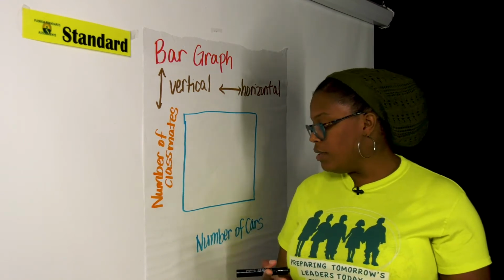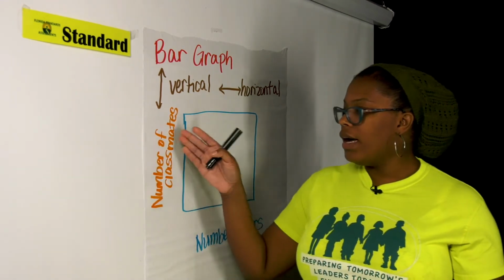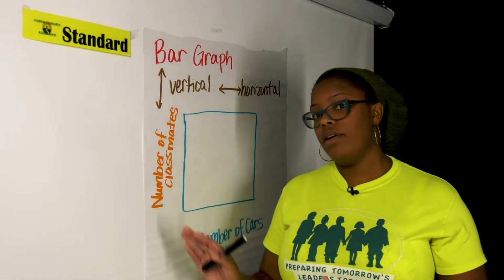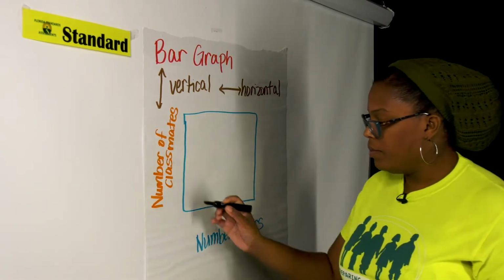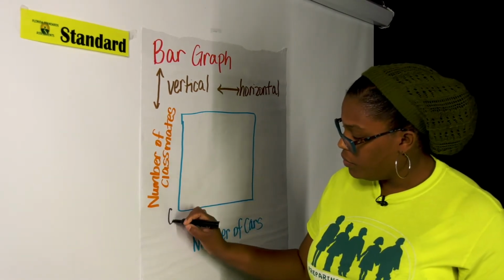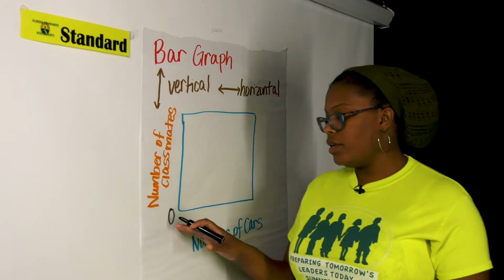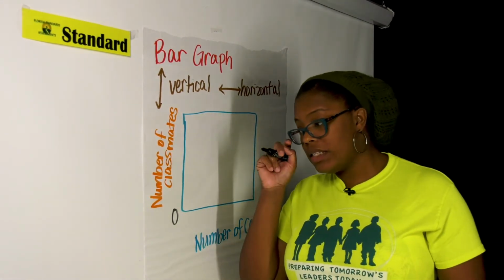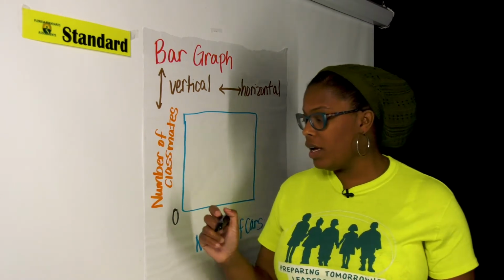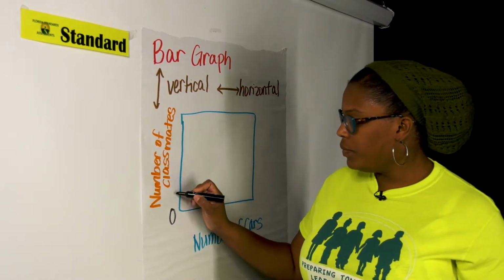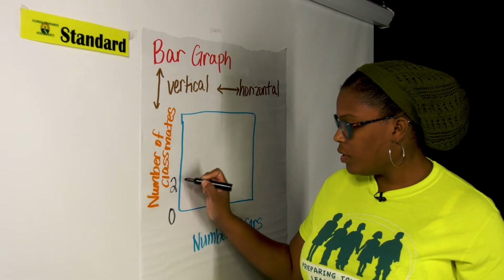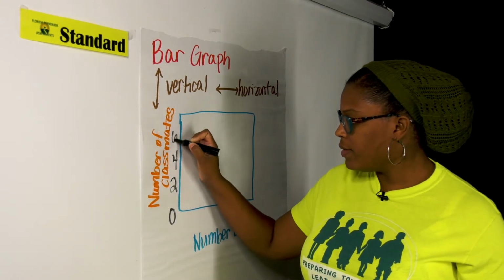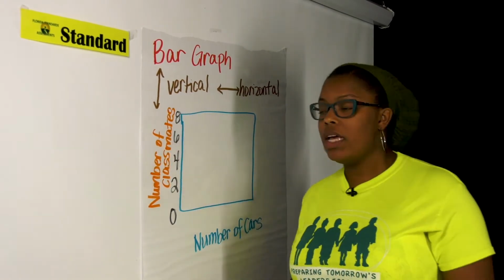So the number of classmates, if I see that title, automatically I'm thinking about numbers, right? So that means I should have a number line here. So the number line is going to start with 0, and it can increase by whatever you want to increase it by. Today, I'm going to increase our number line in intervals of 2. So 0, 2, 4, 6, and 8.